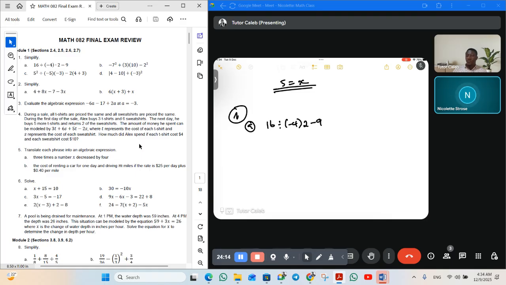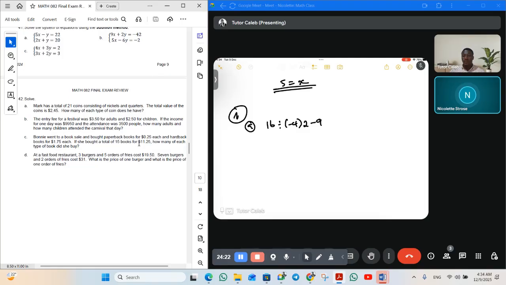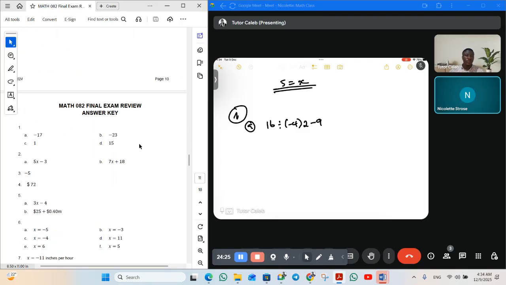And that dot is a multiplication. I got -17. Correct. If you scroll down to your answers, you'll see that your answer is -17.